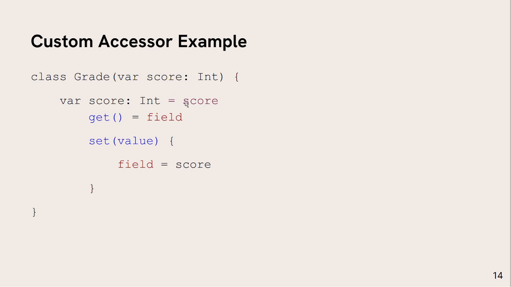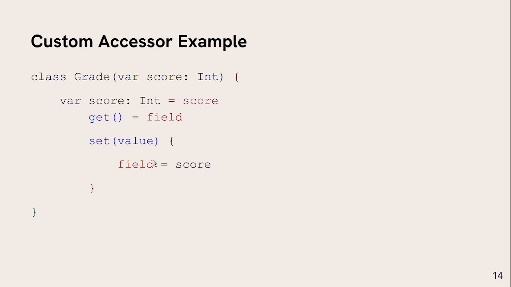And during initialization, we actually use the setter to set its value. When setting its value, we use the keyword field, the associated field called score. Sorry, here should be the value. It should be field equals value.